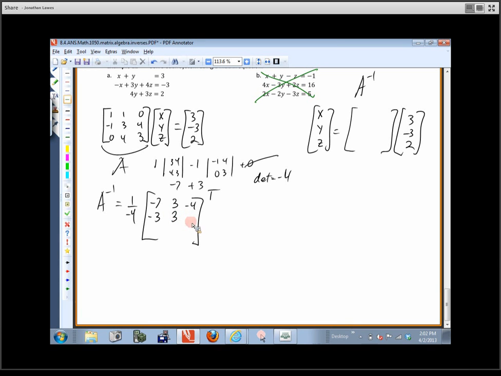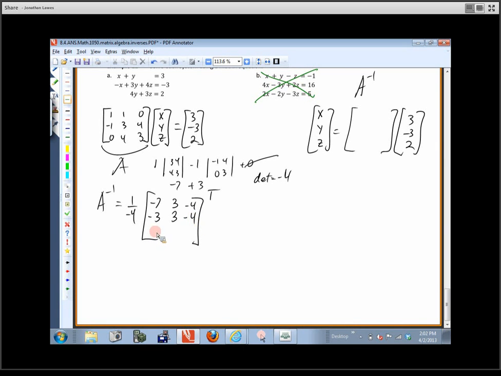Let's do this one. Quick reminder, the position itself is negative. Doesn't have anything to do with the number that was there. The position itself is negative. Cross out the row and the column. What is it? It's a negative 4.